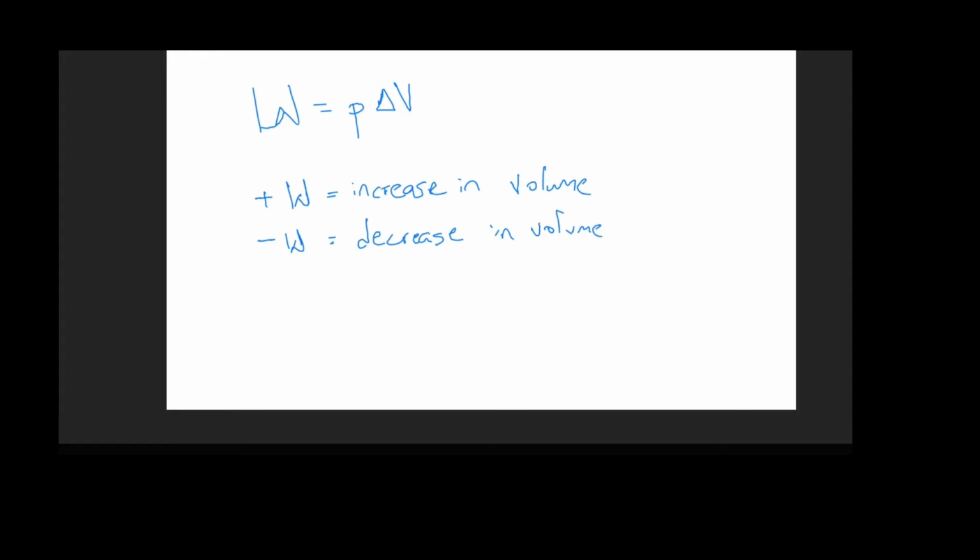All right. An increase in volume would mean that work is done by or on the system. Which one? Positive work. Is it work done on the system or by the system? On the system.